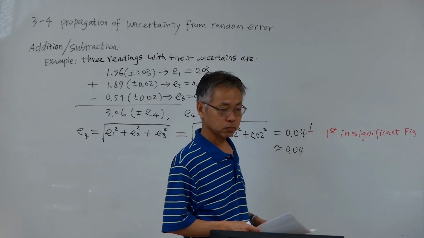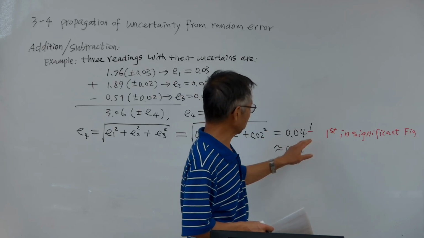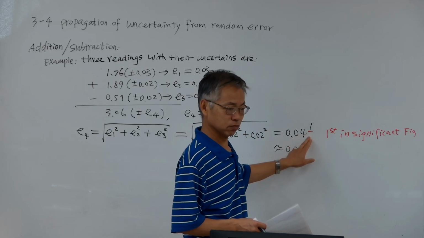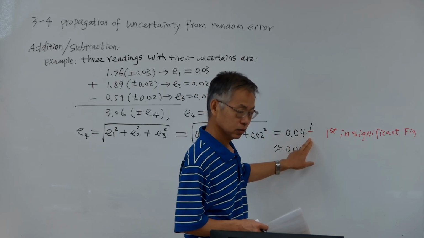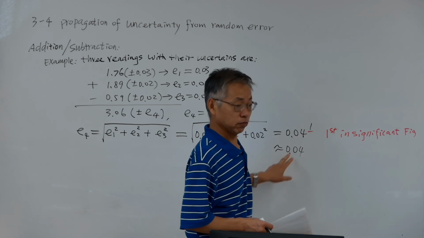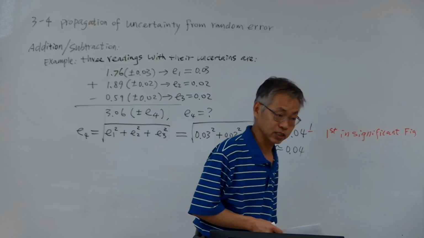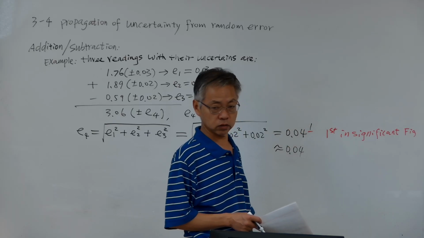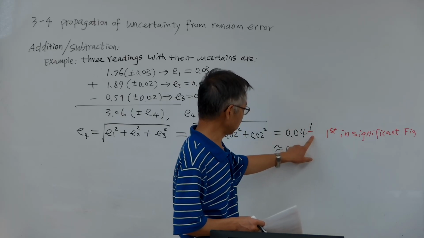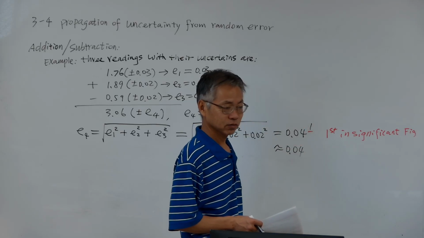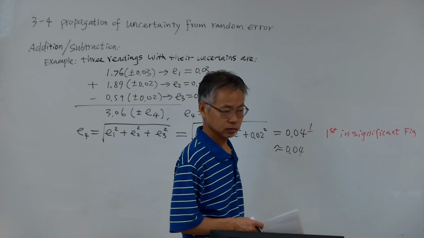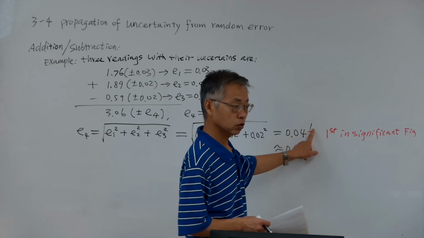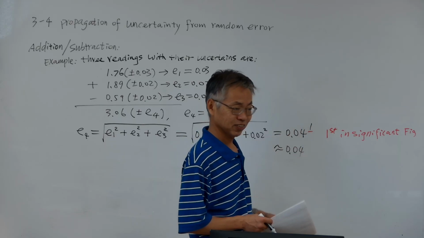Normally, before the final result, we keep one more digit. If you have further calculations, deleting it here will cause error. But if this is the last step, we just delete it. Of course, if this is 5 or above 5, we need to round up.